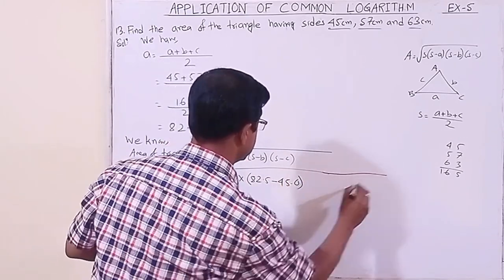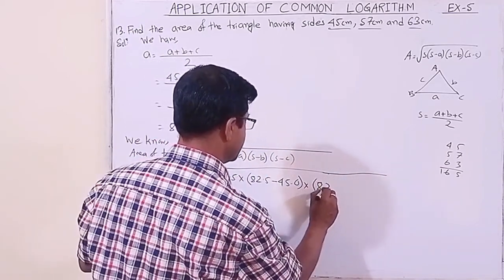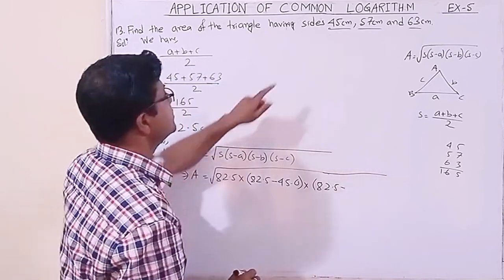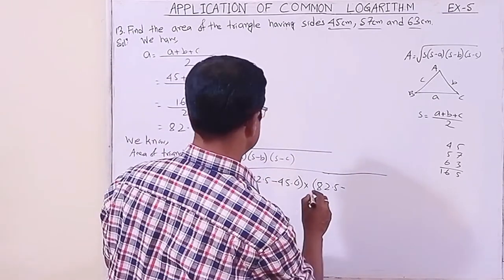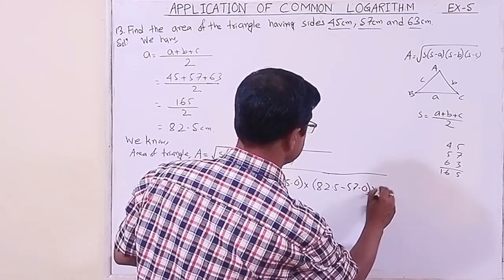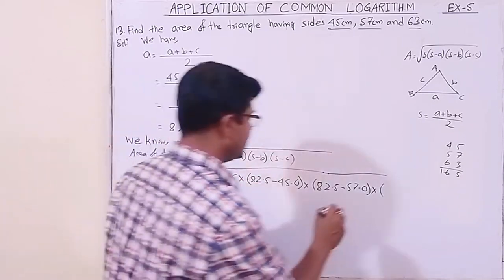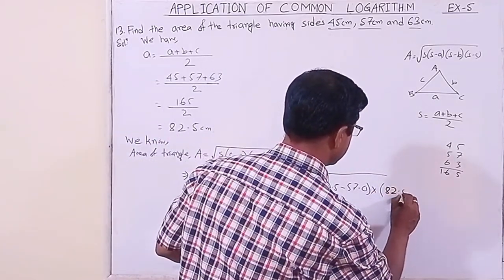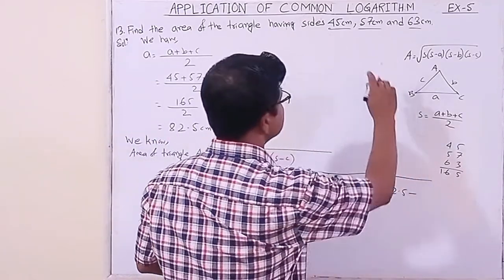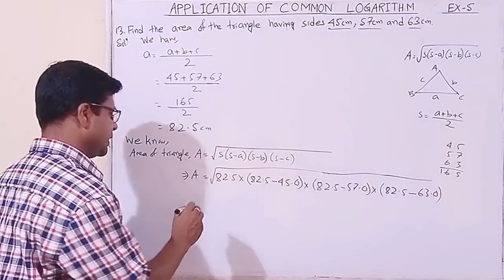Then s minus b, s is 82.5 minus b, b is 57, that is 57.0, into then s minus c, 82.5 minus c, which is 63.0.